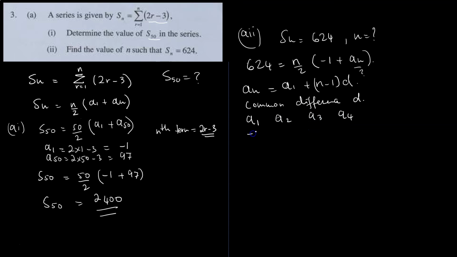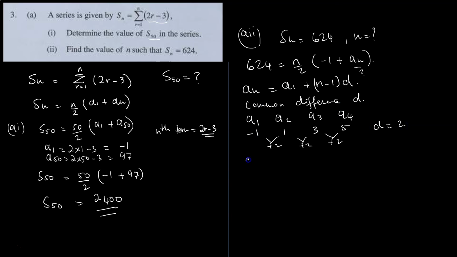So a1 we know is -1. For a2, 2 times 2 is 4, take away 3, that's 1. For a3, r is 3, so 2 times 3 is 6, take away 3, that's going to give you 3. For a4, 2 times 4 is 8, take away 3 is 5. Now we can clearly see the common difference is 2, so the gap between these numbers is 2, so d equals 2.